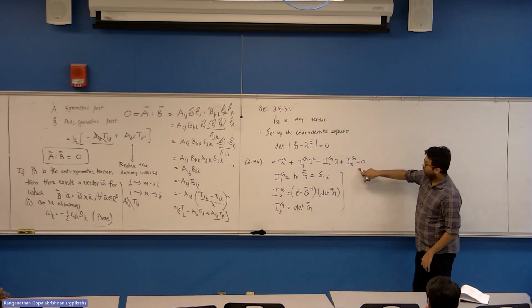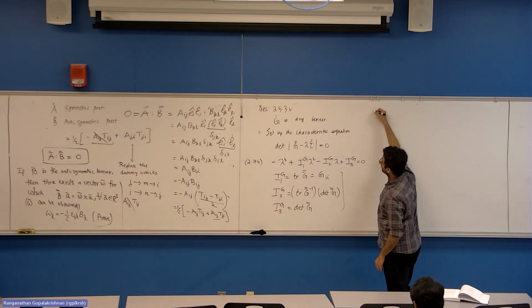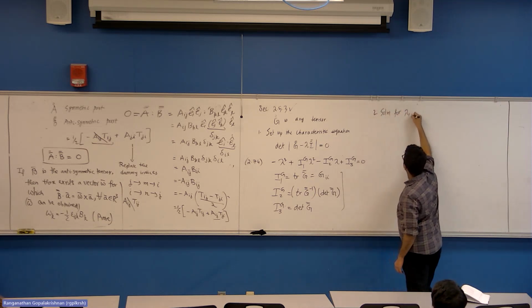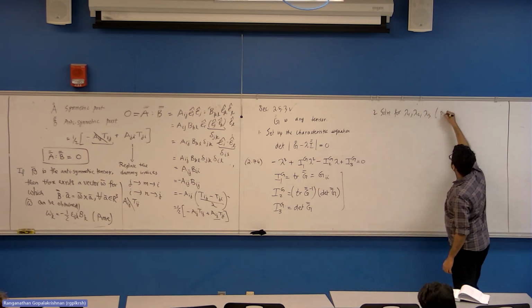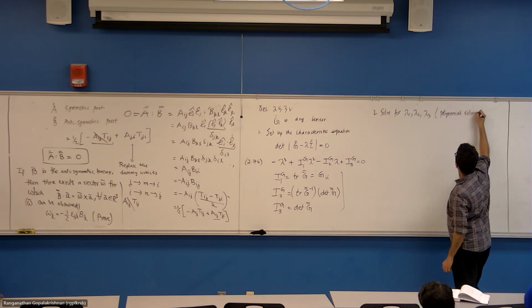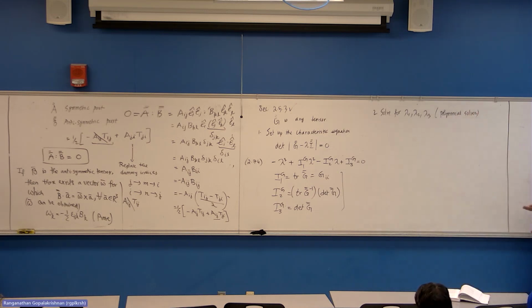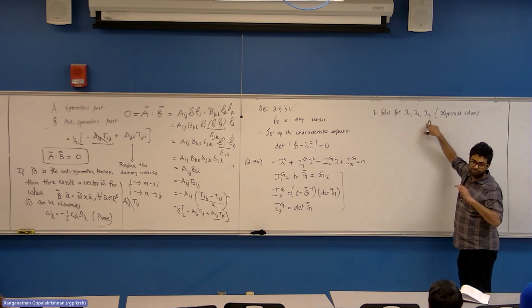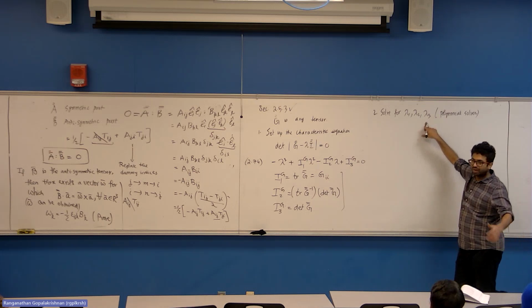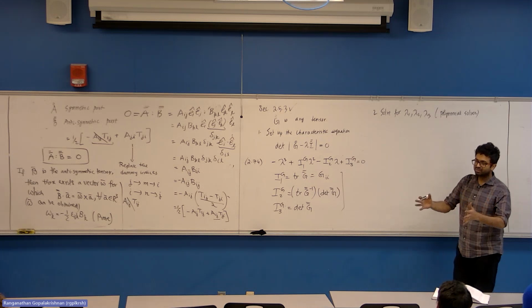Then you have your cubic equation, which you will solve for lambda 1, lambda 2, lambda 3. You just need to use a polynomial solver. You can use the built-in functions in MATLAB or Python or whatever language you are going to use. So you will get 3 values. 50% of the work is done. Eigenvalues are ready. So 2.5% of the credit is already locked in.